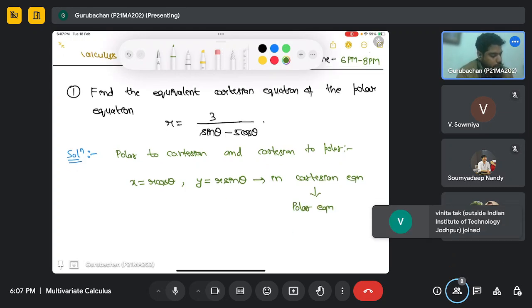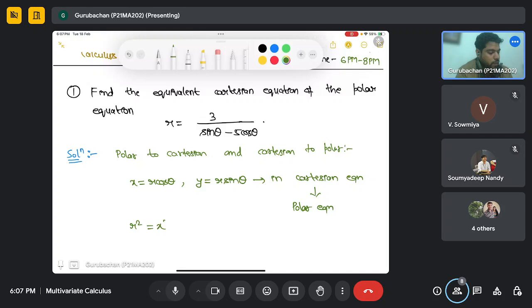And the other way around is we know that r square is nothing but x square plus y square and theta is nothing but tan inverse y by x. So with this in a polar equation we can get the Cartesian equation.